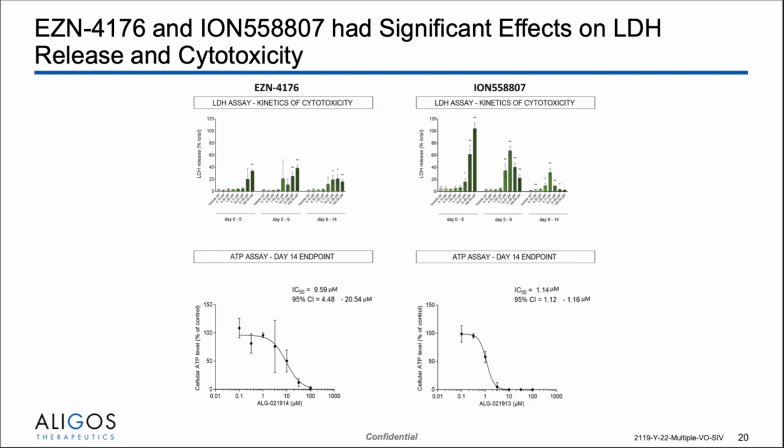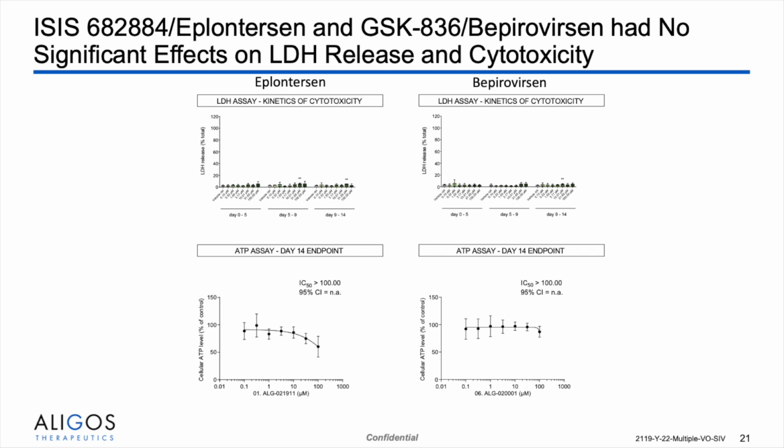And what we saw, so this was the EZN and an Ionis molecule that have both shown toxicity in the clinic, that we saw clear effects where we were having a decrease in ATP levels. And also you can see that we had tremendous LDH release over time by treating there. And then looking at some of the negative controls, we didn't have any kind of toxicity observed and no real LDH release either.